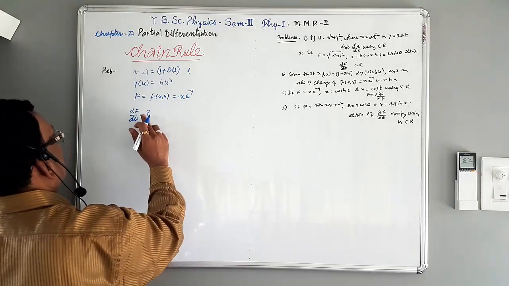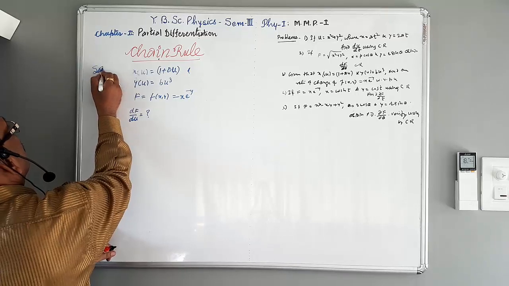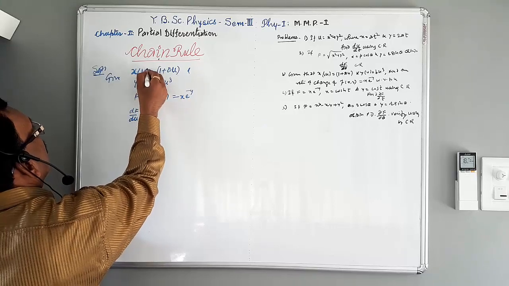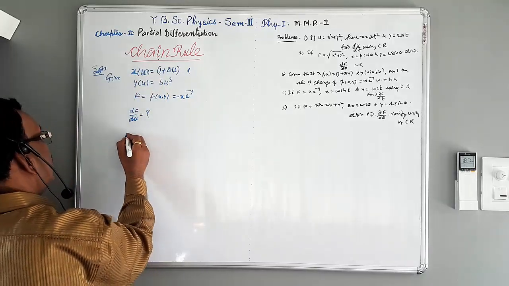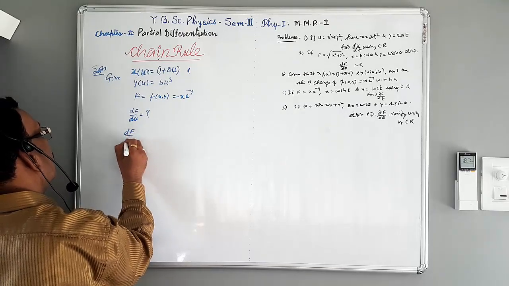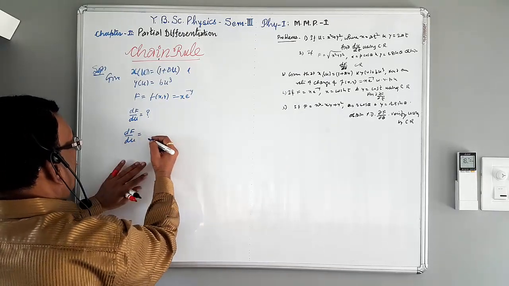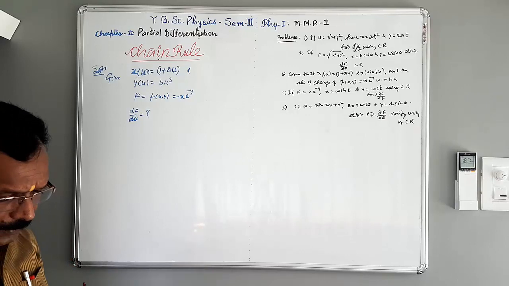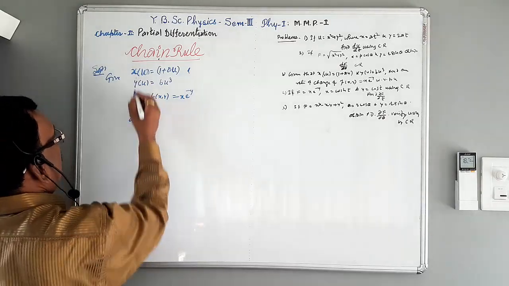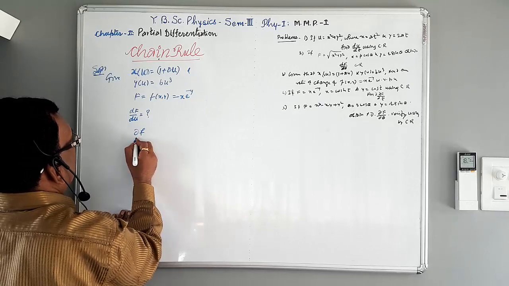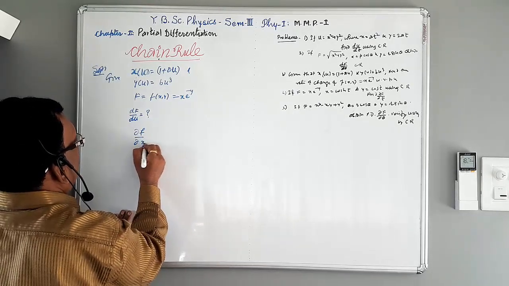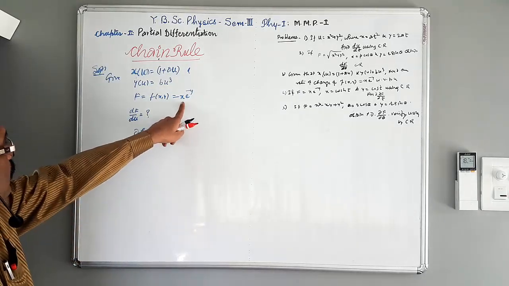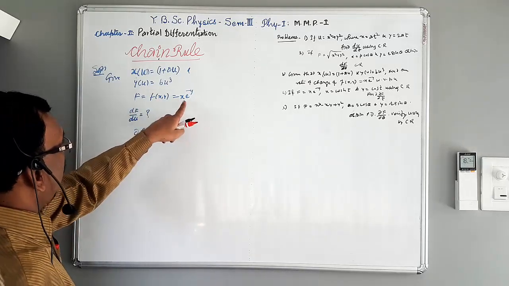For this purpose, again solution and given is like this, and we have to find out. Now write the chain rule. Df by du is equal to, very simply we can write, we have x, then delta f by delta x, where we have the function f and we differentiate this function with respect to x.